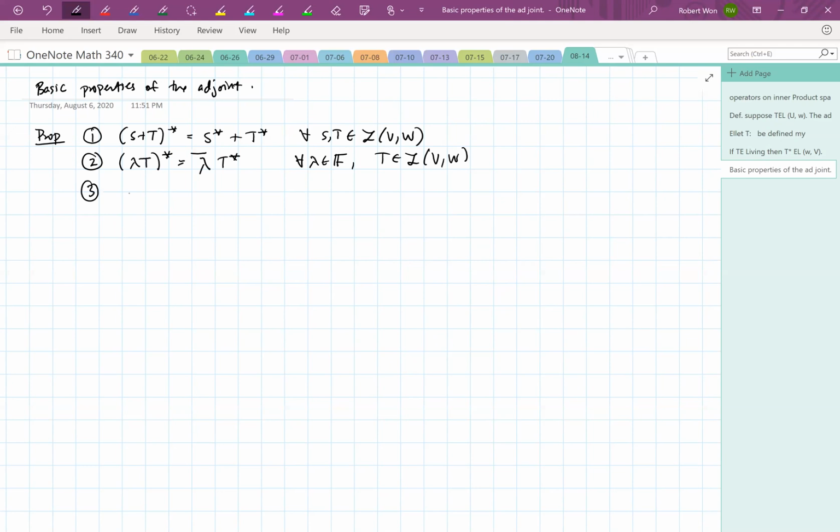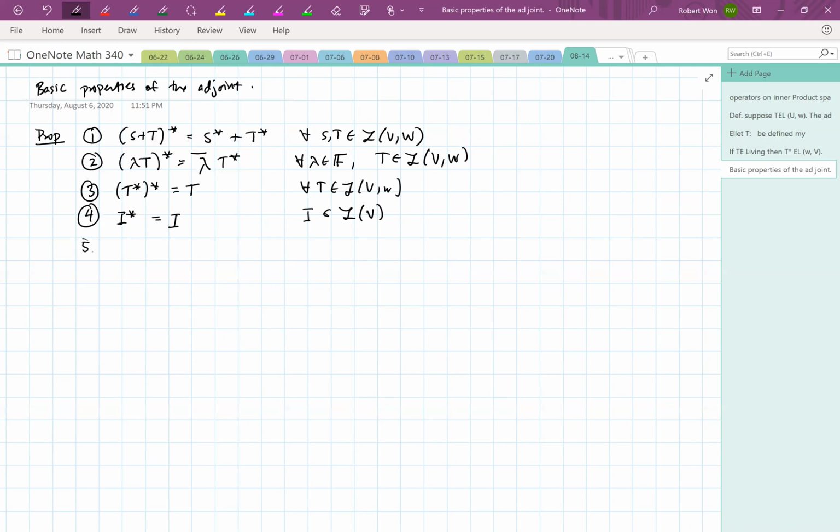Okay, 3, if you take the adjoint of the adjoint, this is just the map T again. 4, if you take the adjoint of the identity map, it's just the identity map. So here, of course, I is the identity map in the space of operators.